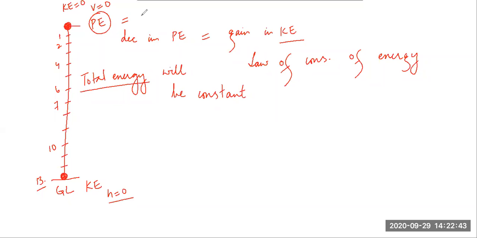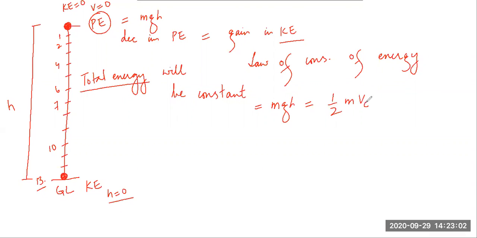At this point, total potential energy will be mgh, if I take this complete height from the ground level as h. That constant, mgh, will also be equal to half m v_gl square. What is v_gl? The velocity of the sphere when it hits the ground level. So this is conservation of energy.